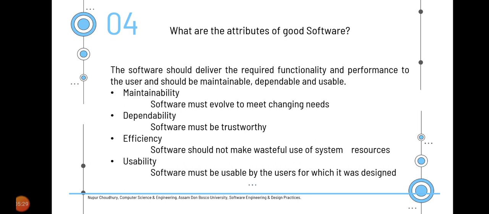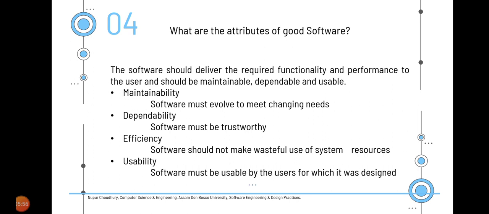The third important attribute is efficiency. It should not make wasteful use of system resources, and should be carefully and logically utilizing the available resources with minimum expenditure. The fourth important attribute of a good software is usability.